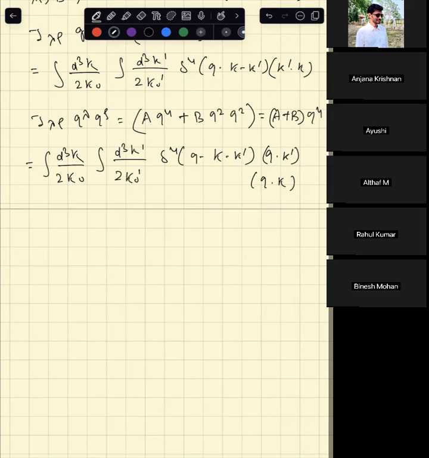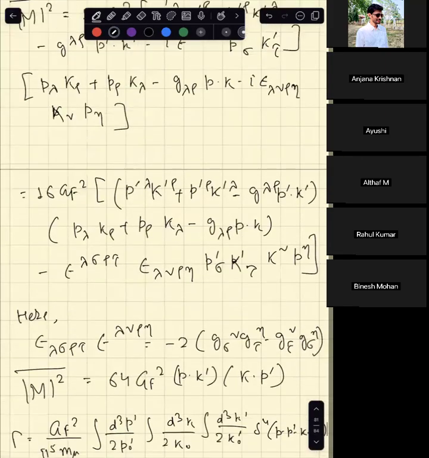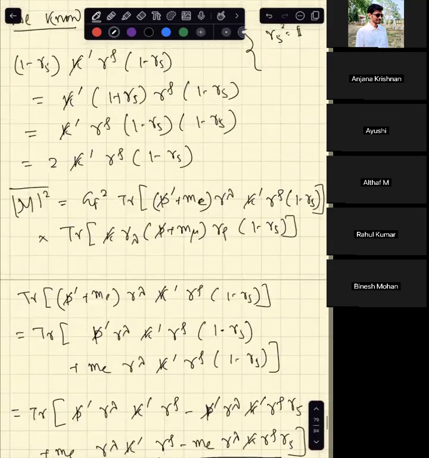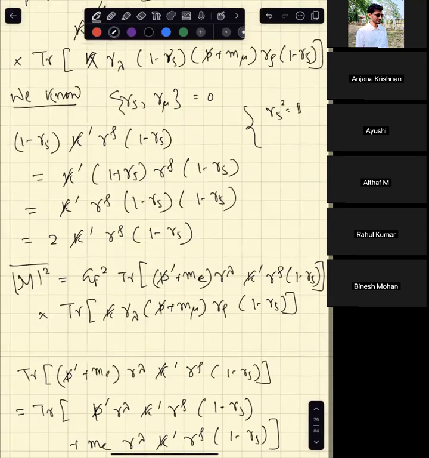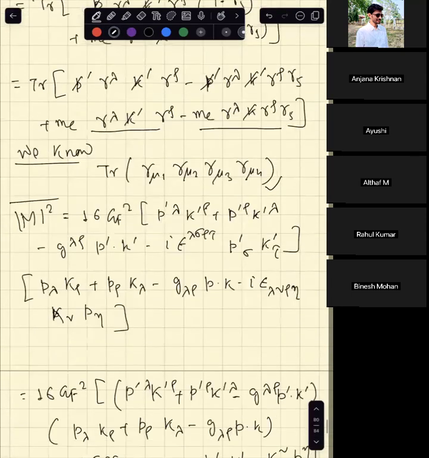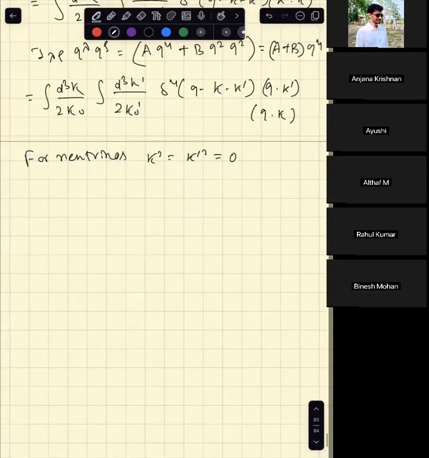So now for neutrinos, my k square and k prime square are equal to 0. Look at what my k and k prime are here. When you write down the amplitude, k and k prime are the 4-momenta of the neutrinos, and we know that 4-momentum square is basically the invariant mass square. But we started with the assumption that our neutrinos are massless without loss of any generality, so your k square and k prime square are equal to 0.